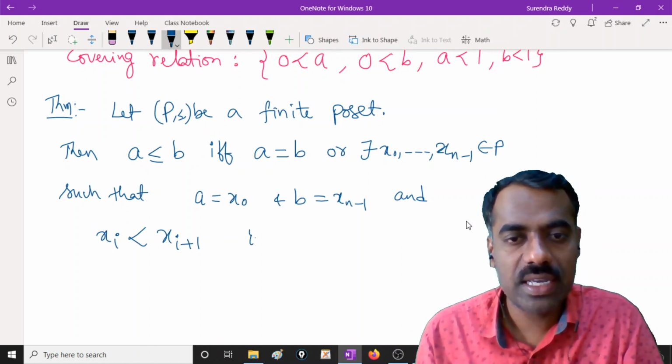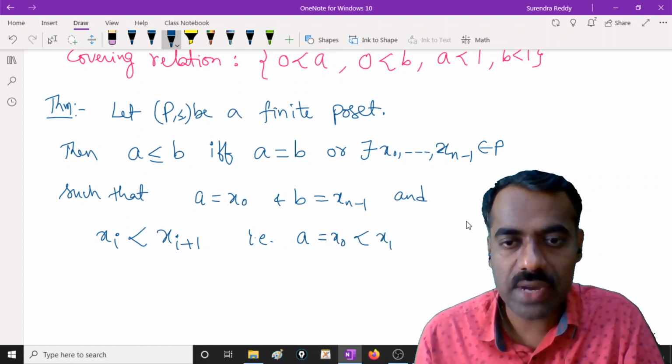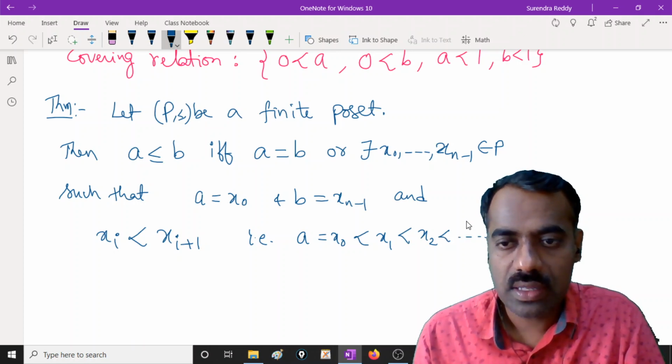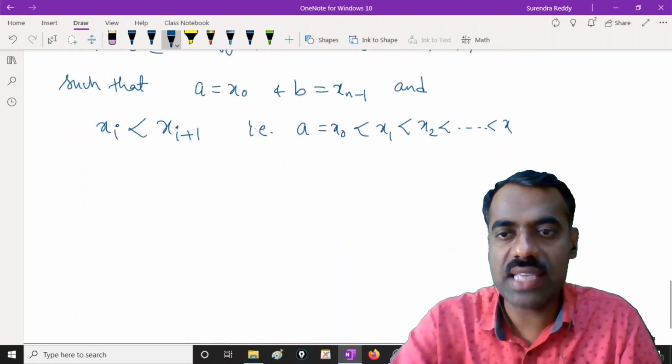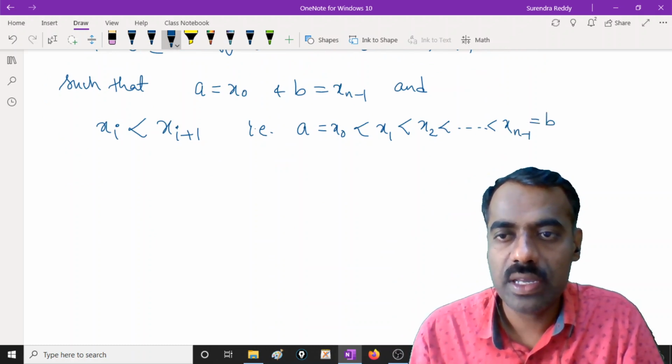That is, A equals x naught, x naught is covered by x1, x1 is covered by x2, and so on, up to x n minus 1, which is nothing but B.